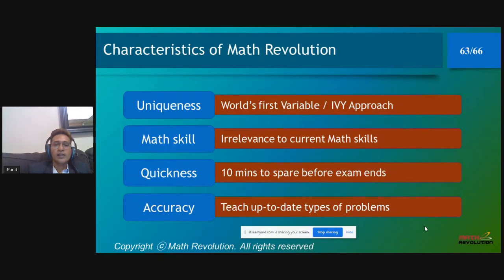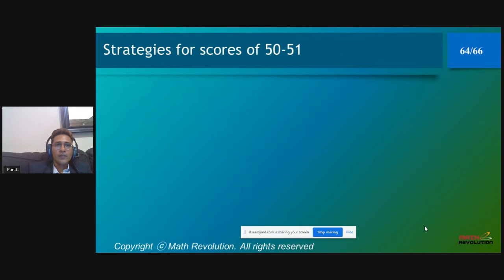Quickness, yes, definitely. You could understand how quick we were today solving the questions. Don't talk about me because I was explaining it to all, so I was taking time to apply every single thing and equate it. But when it comes to solving, you can understand 2 seconds were more than enough to solve certain questions. And accuracy, of course, we're getting the right answer, so that maintains our accuracy.